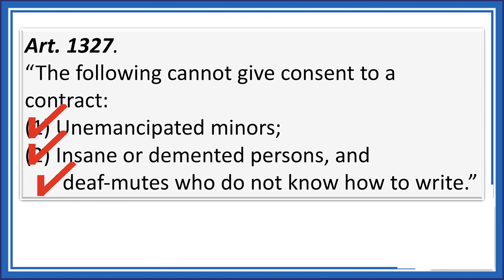Parang wala pa silang capacity to make intelligible decisions. Kumbaga, these minors, yung mga insane, and the deaf mutes who do not know how to write are very prone to being, maging biktima ng fraud, di ba? So, yun yung rationale dito.